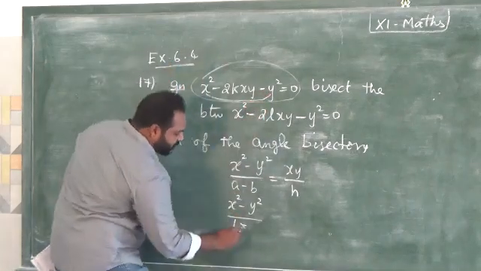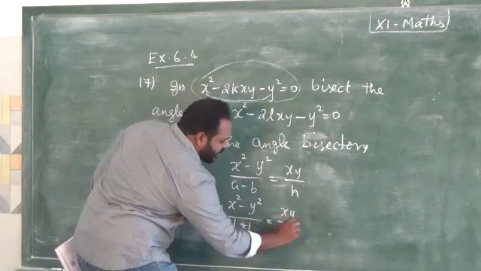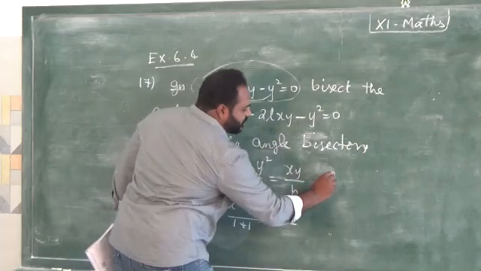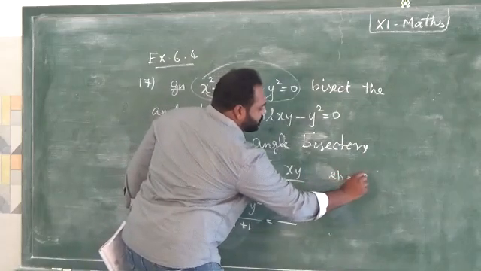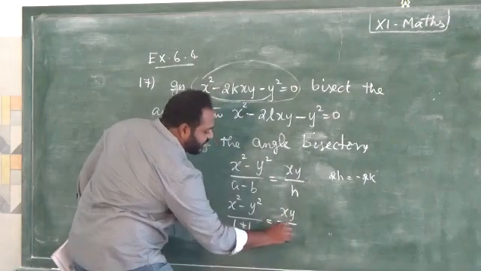So a minus b is 1 minus minus 1, it is plus 1 equal to xy by h. 2h value is minus 2k, so 2 cancels, h value is minus k.